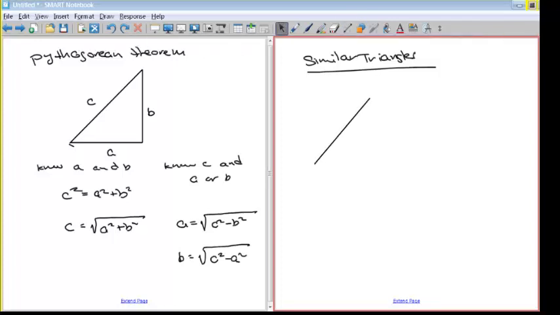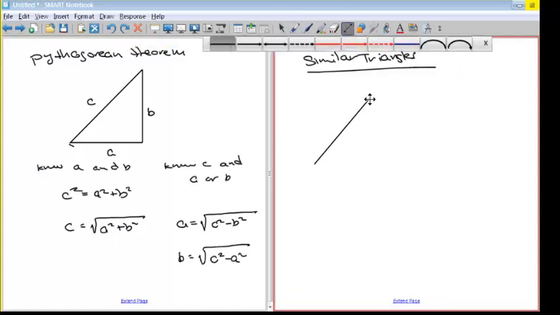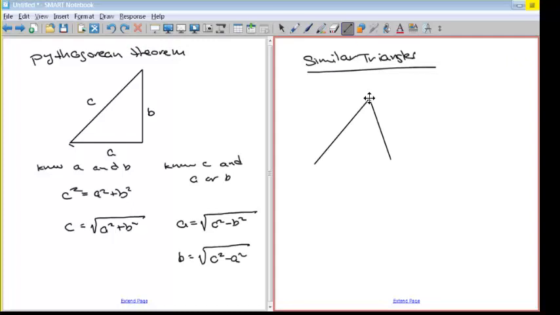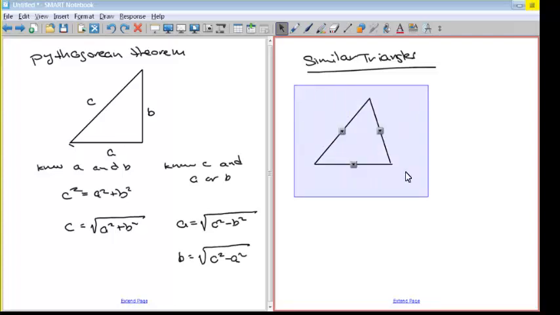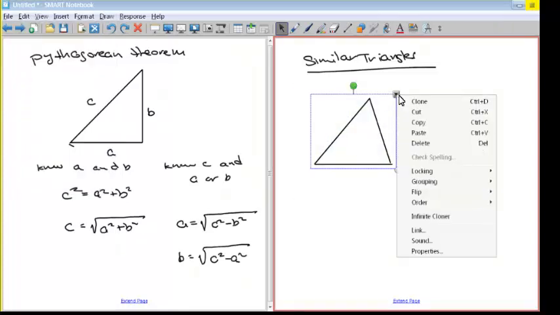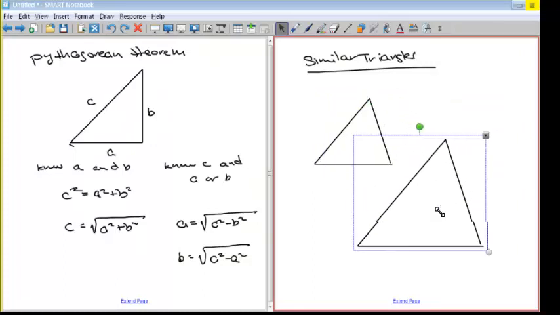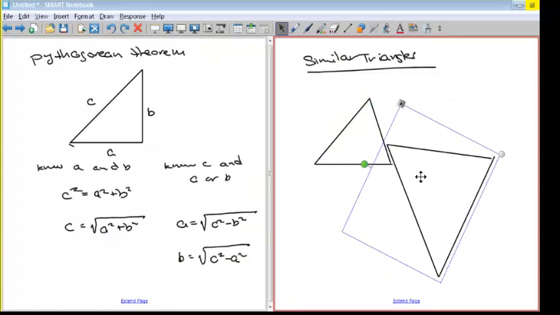So let me group all these together. Now if I clone this, and then I make it bigger, and I rotate it a little bit.